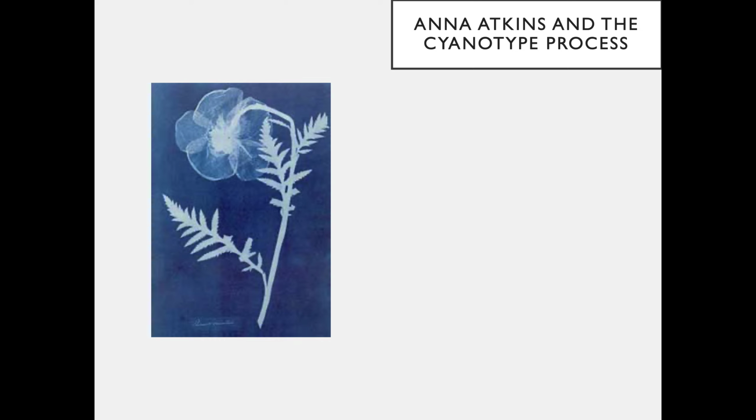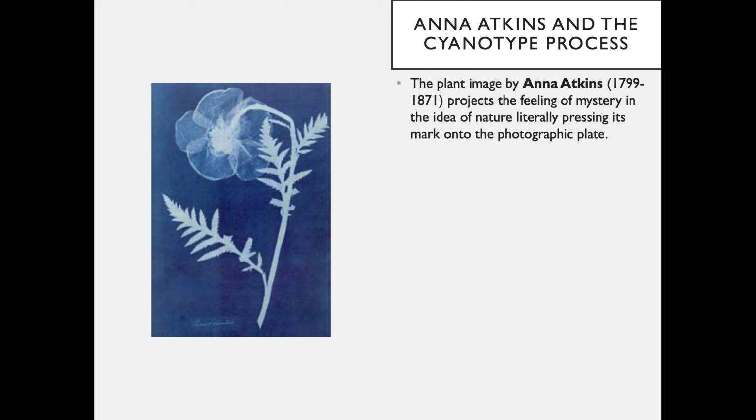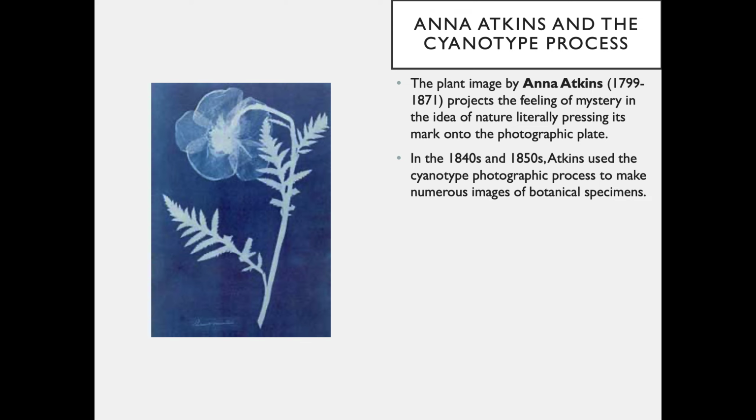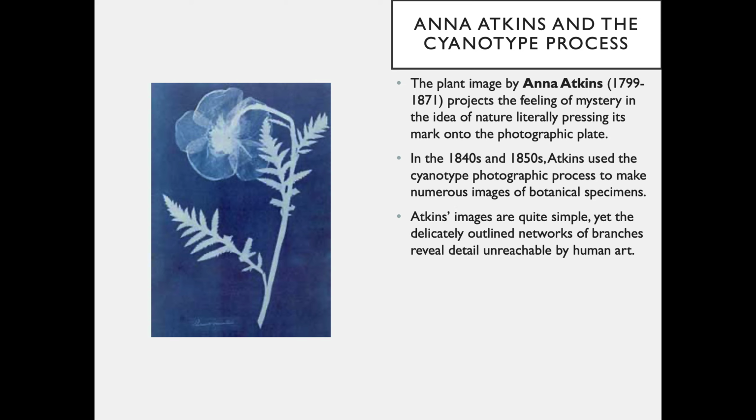All right, so we're moving on to Anna Atkins and the cyanotype process. The plant image by Anna Atkins projects the feeling of mystery in the idea of nature, literally pressing its mark onto the photographic plate. In the 1840s and 50s, Atkins used the cyanotype photographic process to make numerous images of botanical specimens.